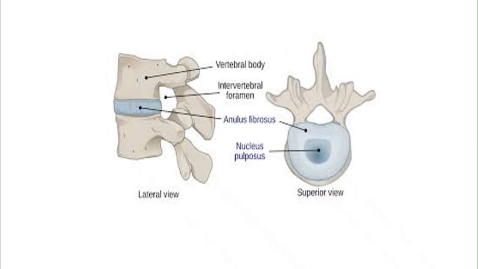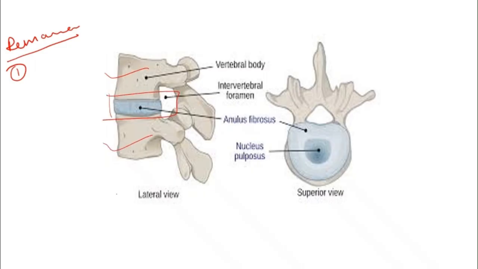Now its remnant in the adult human body. As the notochord lies in the midline, it does not form a part of the vertebral column, but a part of the intervertebral disc. As you can see in this picture, these are the vertebral bodies and intervertebral disc.